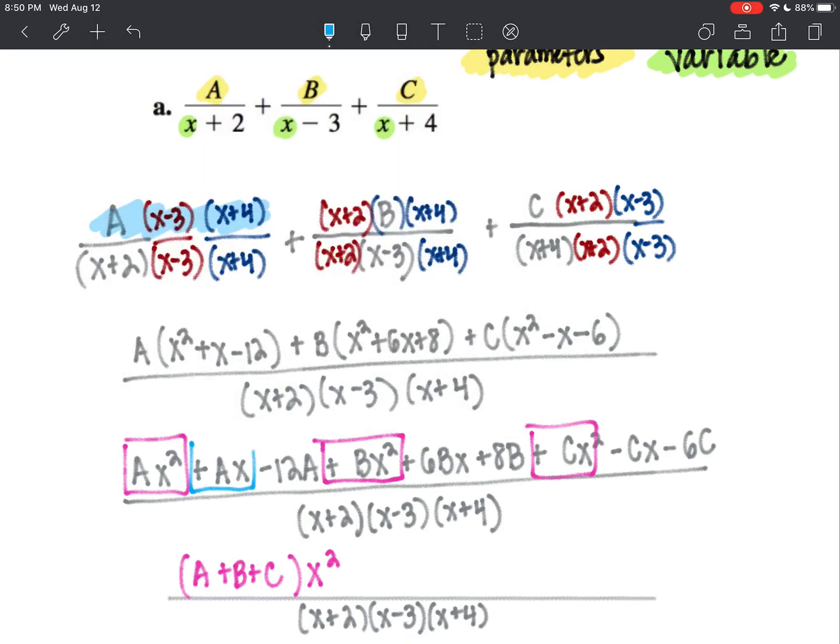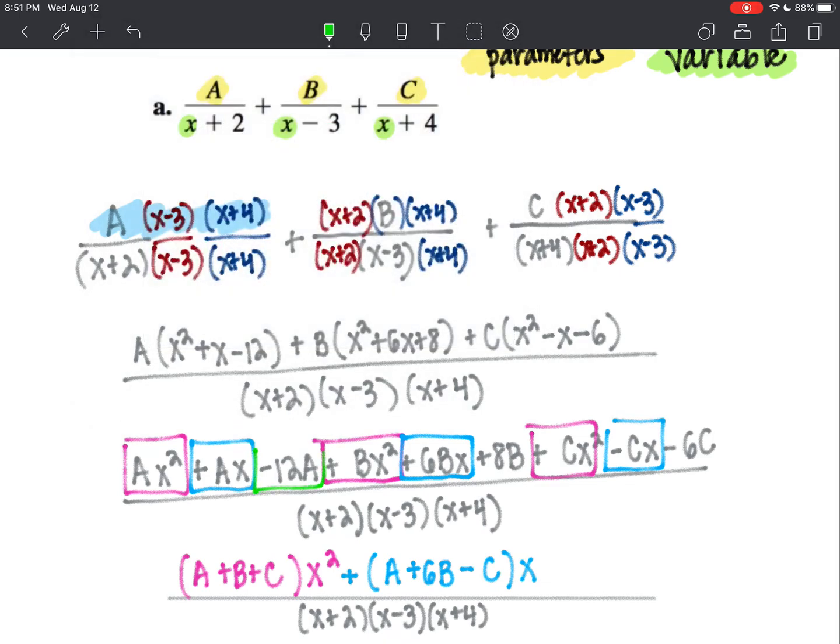Then I'm going to collect all the linear terms. So we're talking about ax plus 6bx minus cx. So I'm going to put a plus, and then parentheses, and there's going to be an x at the end. A is positive, 6b is positive, and c is negative.